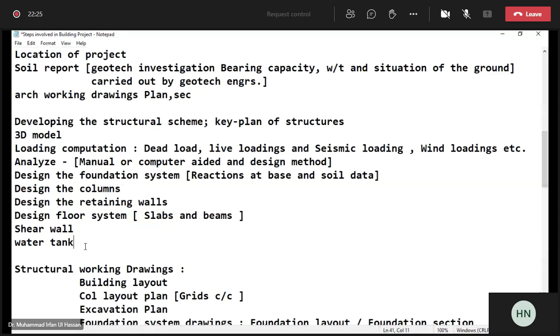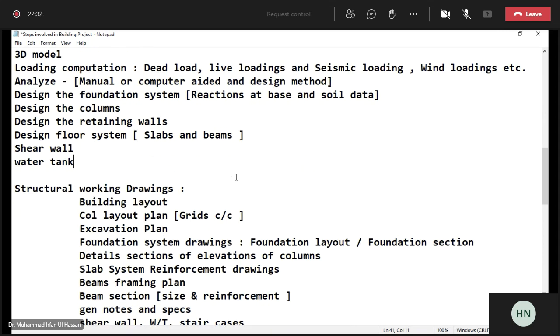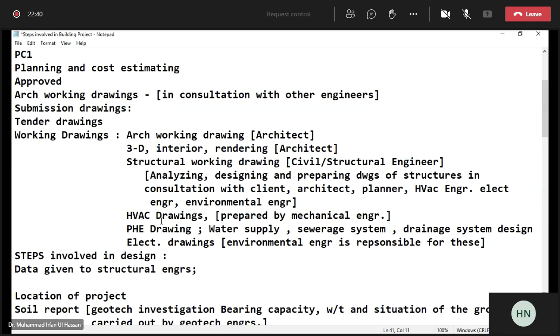So after all the design is carried out, then work on the drawings is initiated, and initially I am only emphasizing the structural working drawings, although there are many other steps. Here I am emphasizing the structural part of the project and the concrete design part.